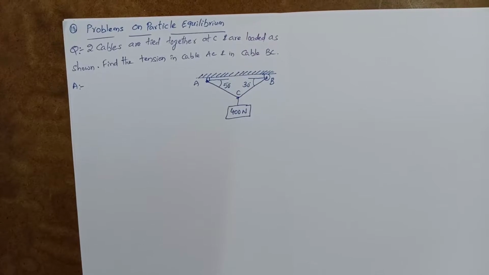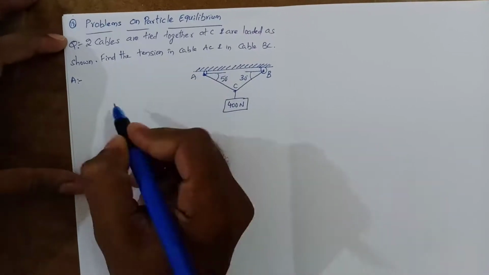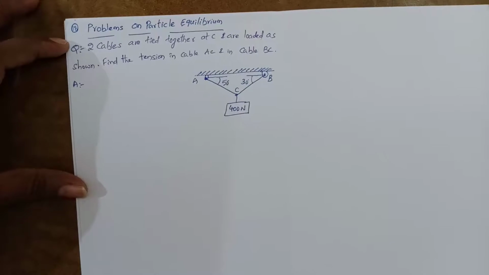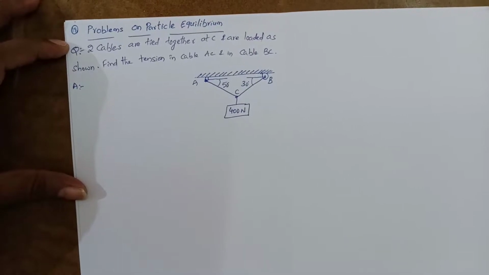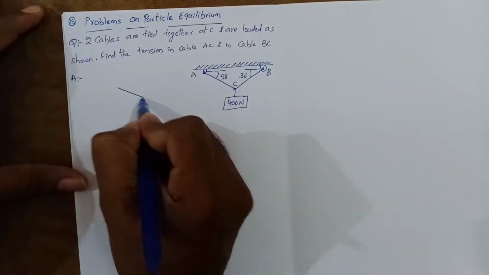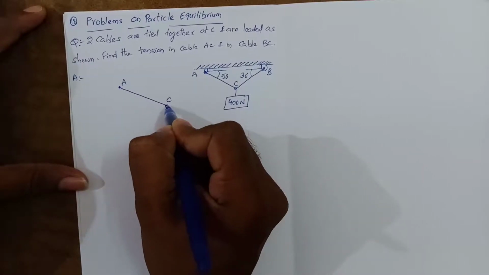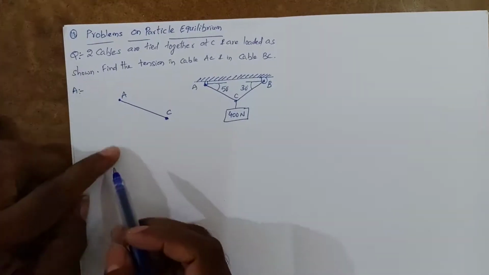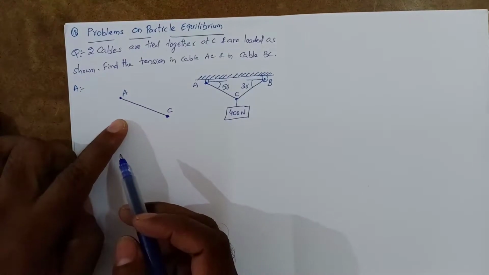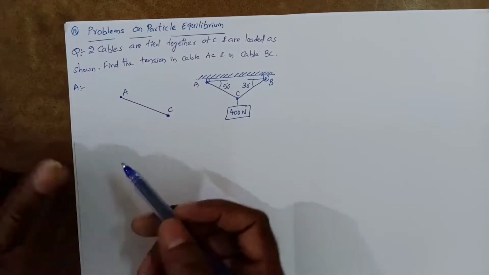Consider this cable AC here. If we draw the free body diagram for the cable AC, like this, A, C. Now this cable AC is in tension, means it is tight.